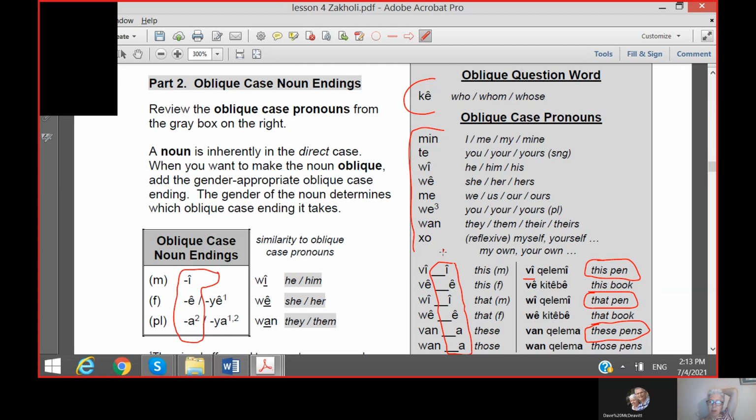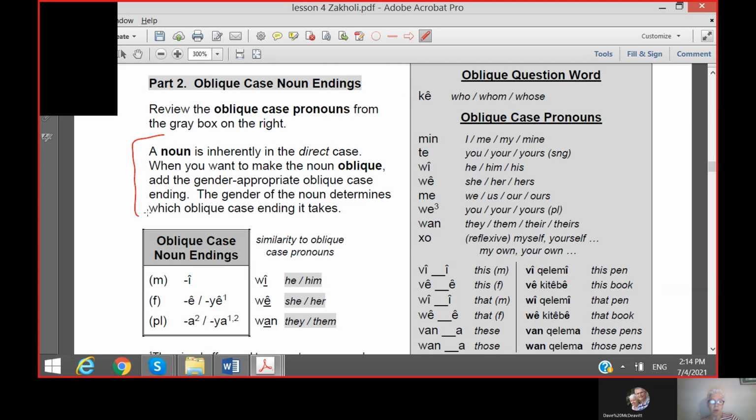So you plug your word in here, like qalam. Qalam is masculine, so you use the I with a hat ending on it, and you end up with qalami. That's how those work. A noun is inherently in the direct case. So when you look in the dictionary, all those nouns are in the direct case.